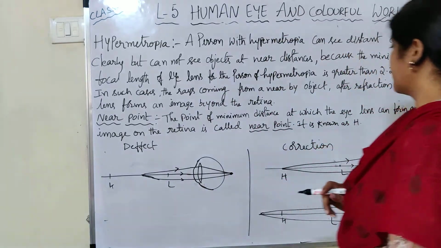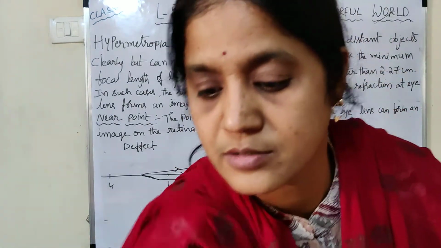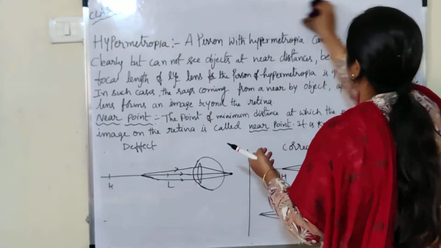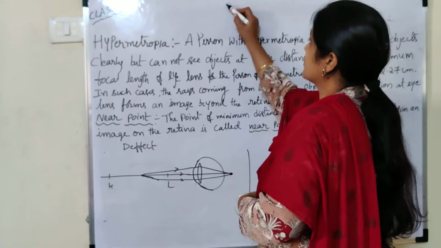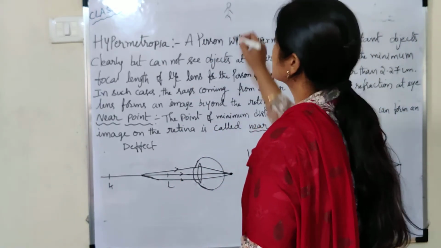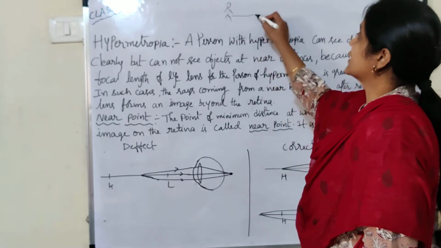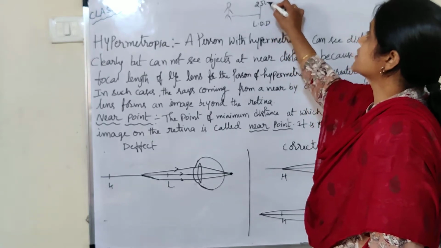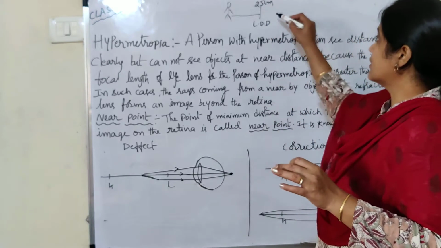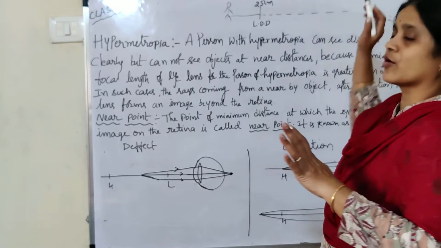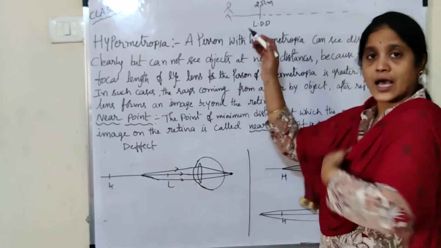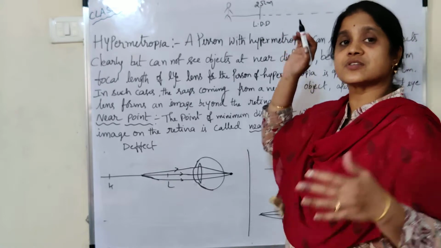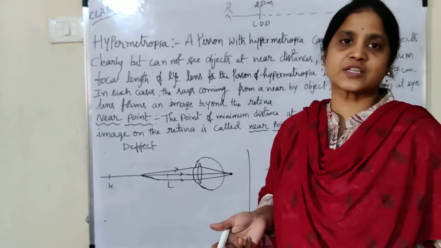For example, for a healthy person the least distance of distinct vision is 25 centimeters, and from this distance he can see an object. But with hypermetropia, at a distance of 25 centimeters they cannot see the image clearly.